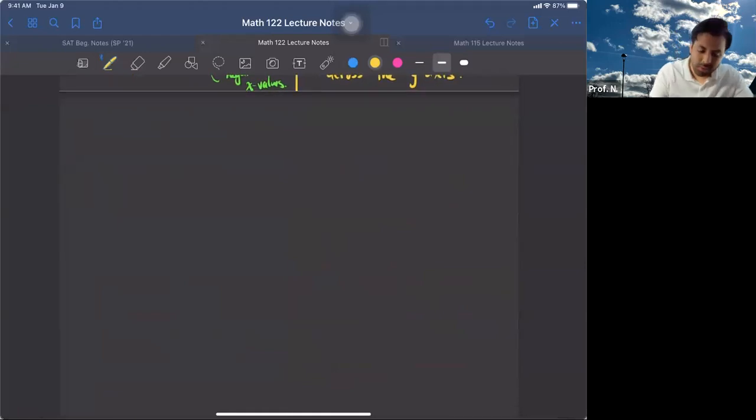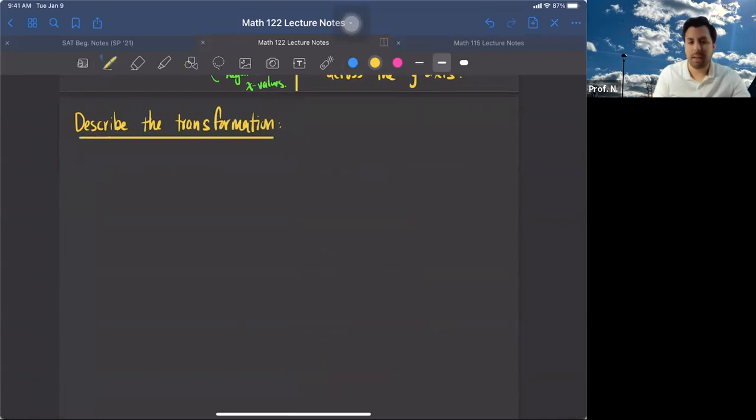Okay, so what we're going to do first is describe the transformation. If you have a function, you should be able to describe what transformations are being applied. So describe the transformation or transformations applied to a function.